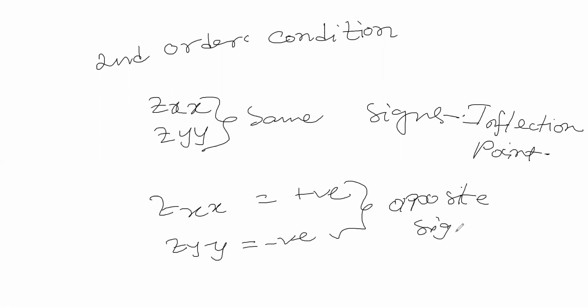So then the function is at a saddle point. I have discussed this very clearly in the earlier PowerPoint slides, but even then I felt it important to discuss a little bit.